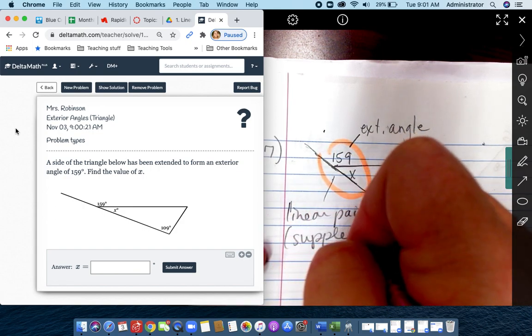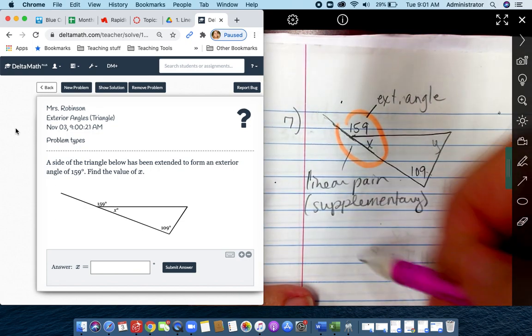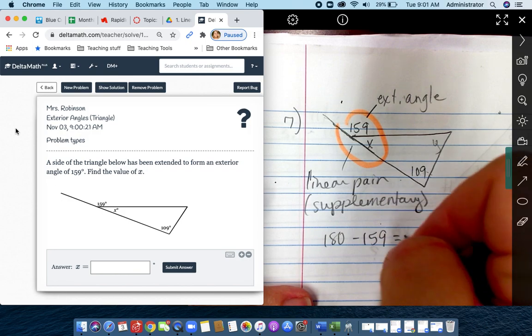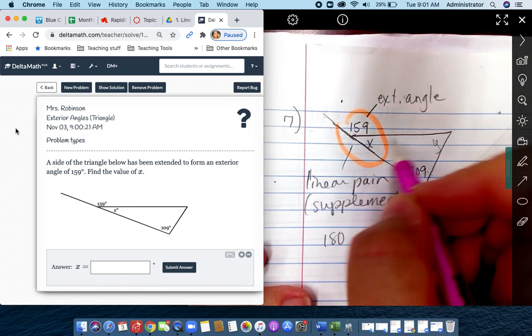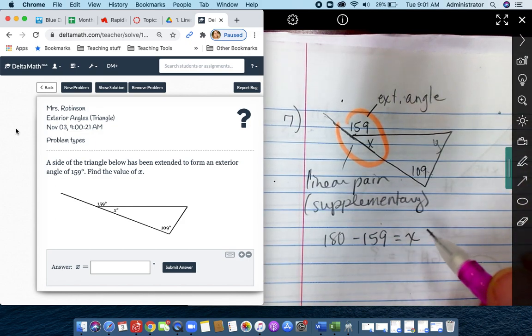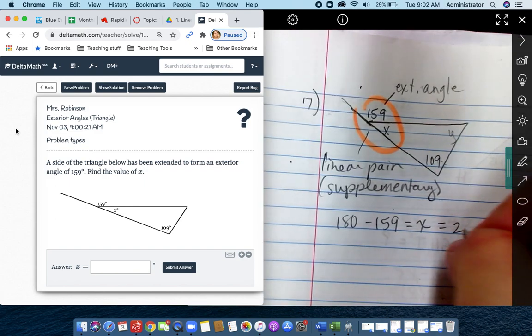And remember what supplementary means. It's two angles whose sum is 180. So all I really need to do here is 180 subtract the 159, and that'll give me the x value. Okay, because we have this acute angle and this obtuse angle, which together form a line. So 180 minus 159 is 21 degrees.